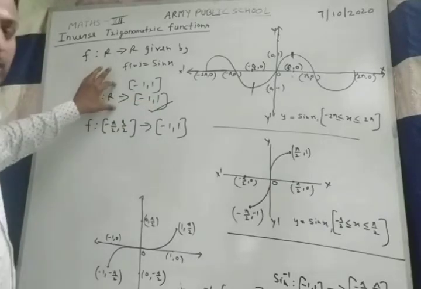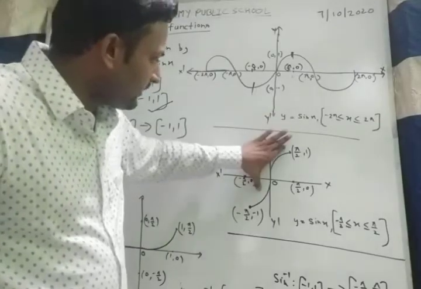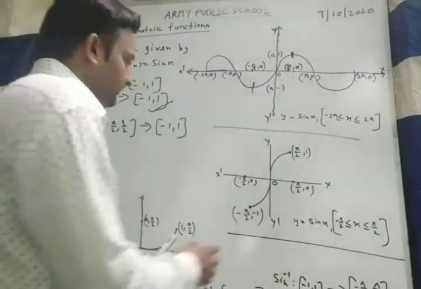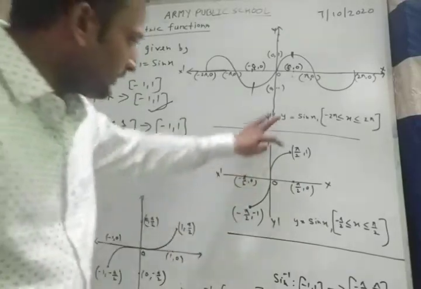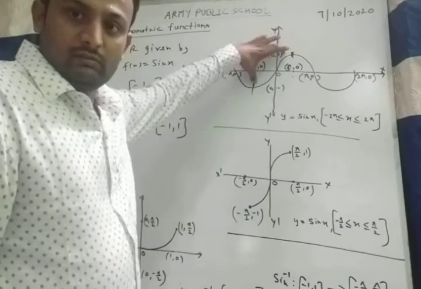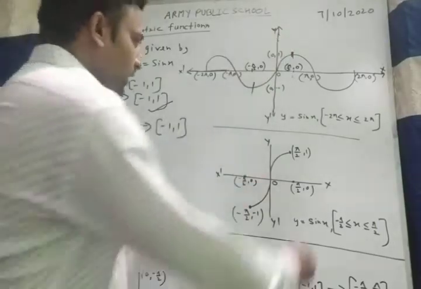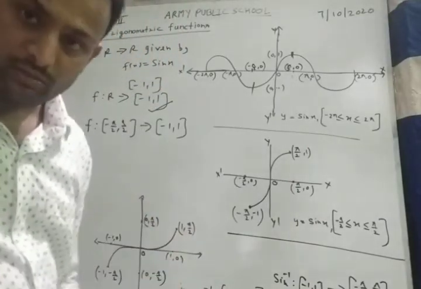So this function is onto. For making it one-one, we restrict its graph so that there is no turn. This is the first turn, so we cut it from here. Now in this region, this function is one-one and onto.